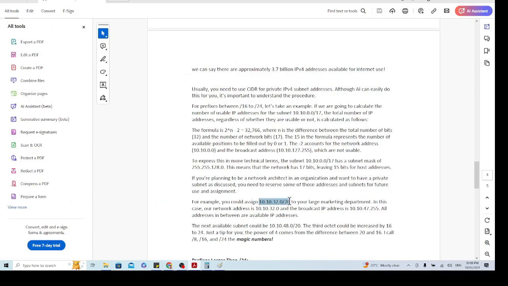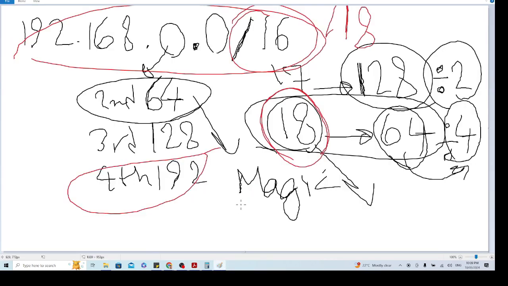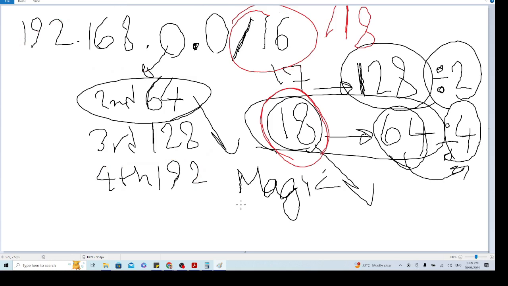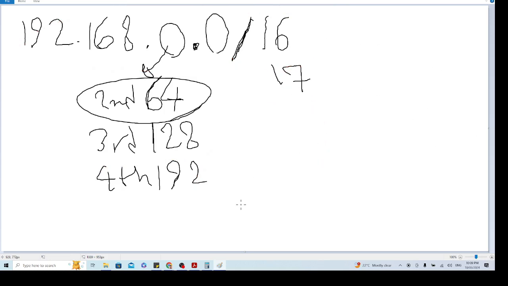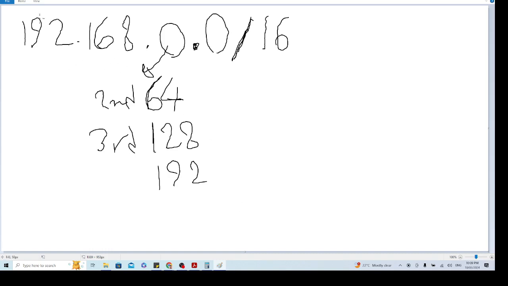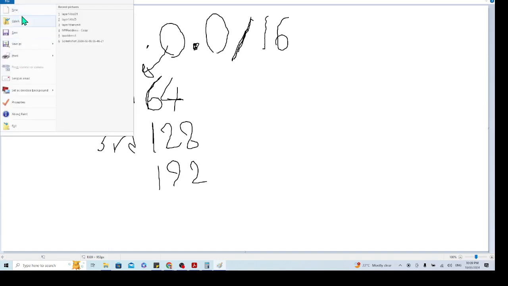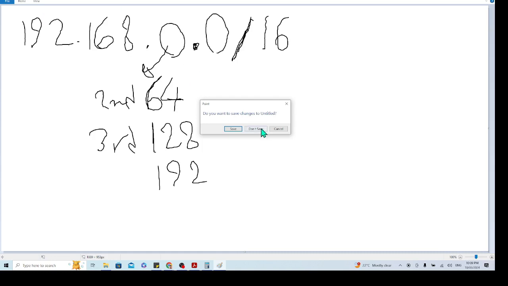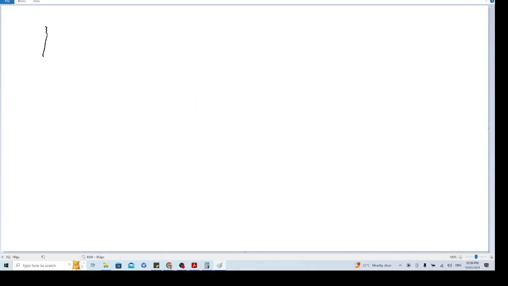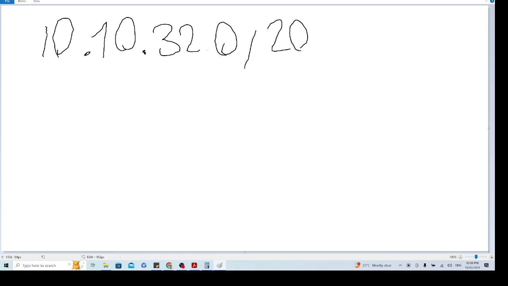If I get back to my text, I already assigned this IP address to my large marketing department. In this case, I said 10.10.32.0/20.